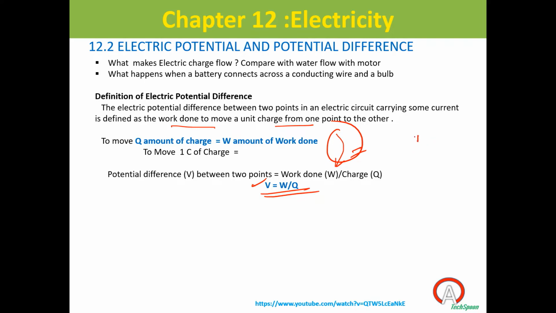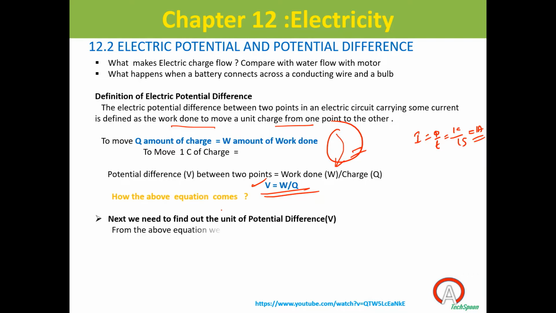That is, I is equal to Q by T, which is equal to 1 coulomb by 1 second, which is equal to 1 ampere. Similarly, the unit of electric potential difference is volt.